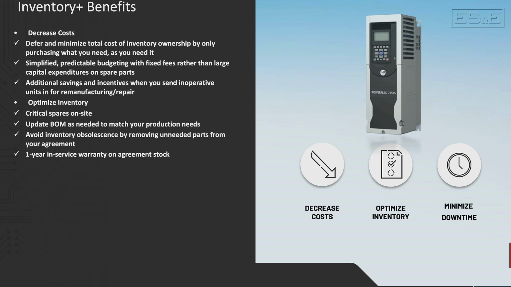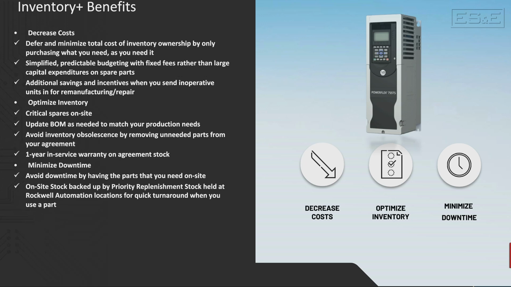So as part of optimizing inventory, you're going to have only your critical spares on site. You can update the bill of materials like we talked about before, and you get the 1 year in-service warranty, and then minimizing downtime. So again, what ties it back into having the parts you need when you need them. And then the priority replenishment stock, which is held at the hub location for a quite faster turnaround time.